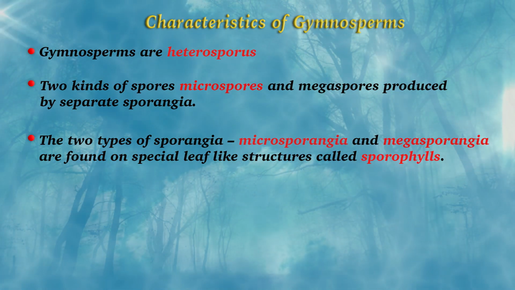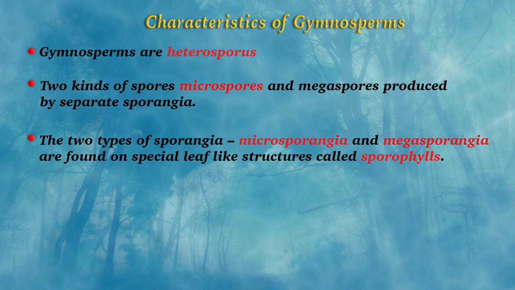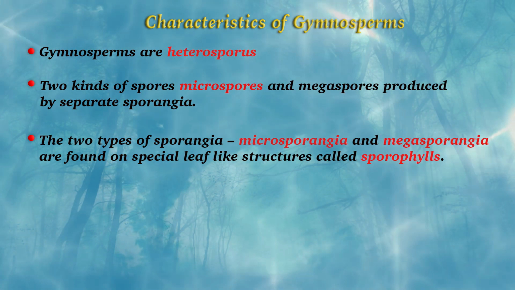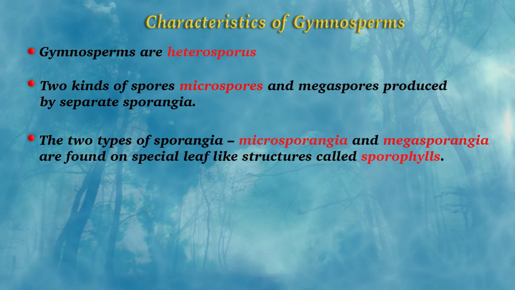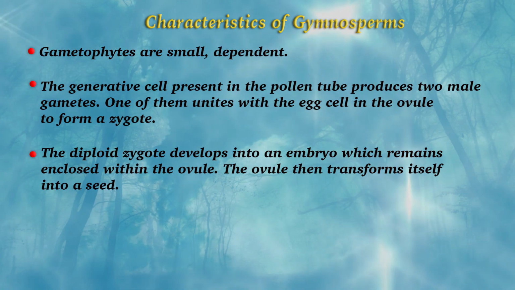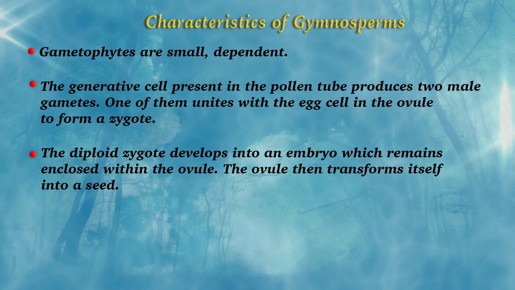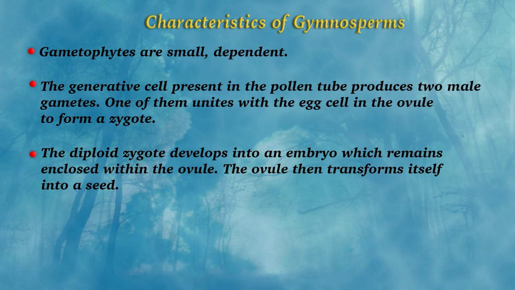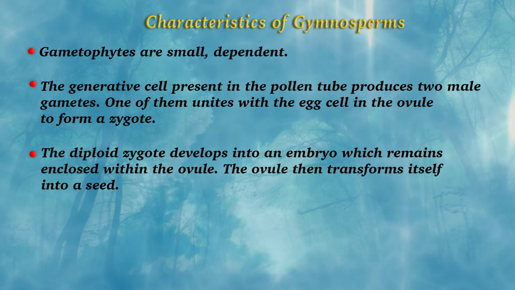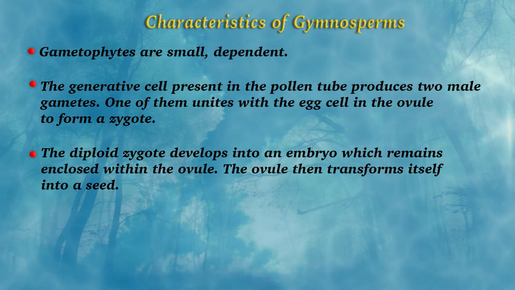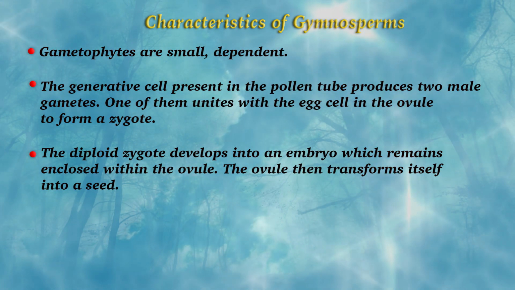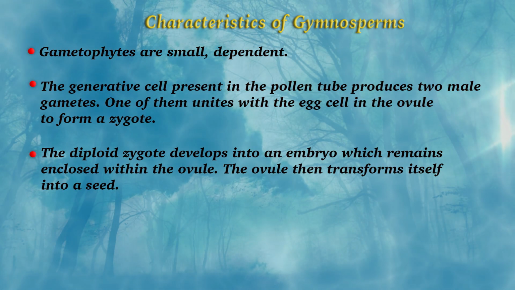The microsporangia produce the microspores, and the megasporangia are produced on the sporophylls, which are called megasporophylls, and they are leaf-like structures, though special. Gametophytes are small, dependent on the sporophyte, and generative cells are present in the pollen tube, which produces two male gametes. One of them unites with the egg and they form the zygote. The zygote then develops into the embryo, which remains enclosed in the ovule, and the ovule is then transformed into the seed, which is naked and characteristic of Gymnosperms.